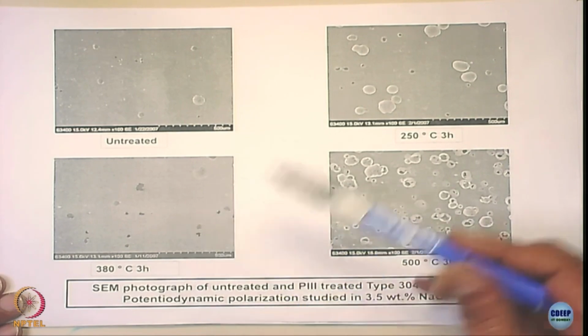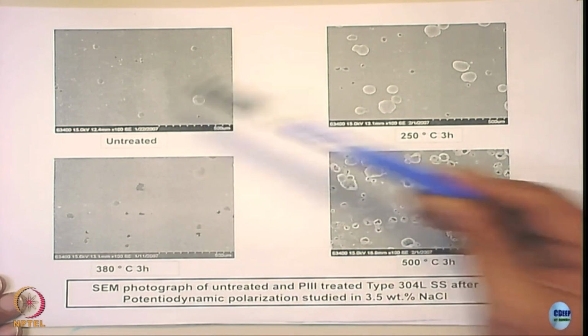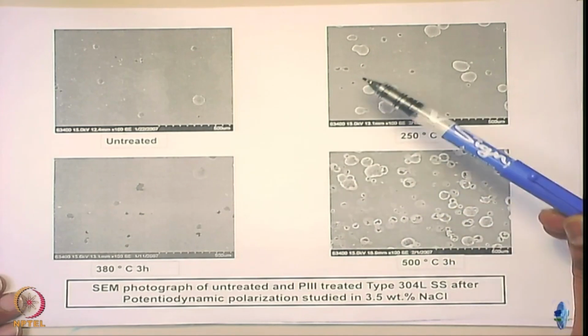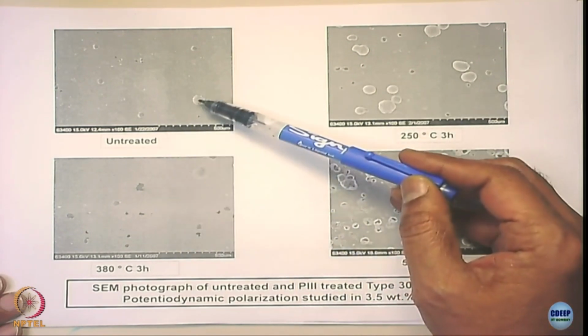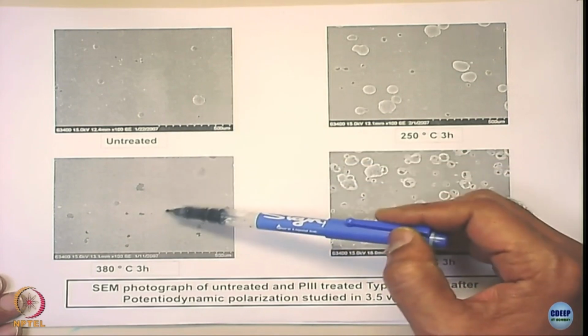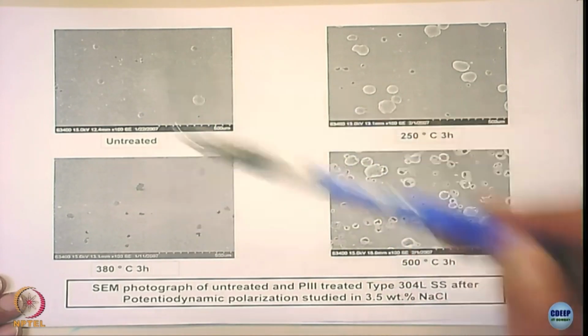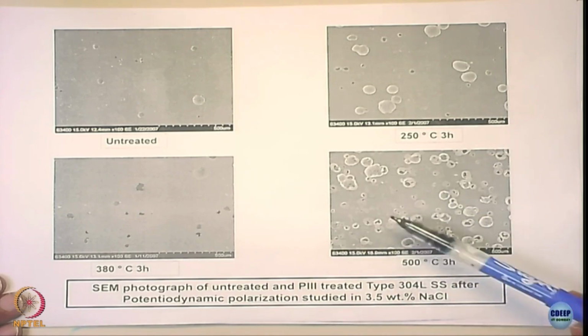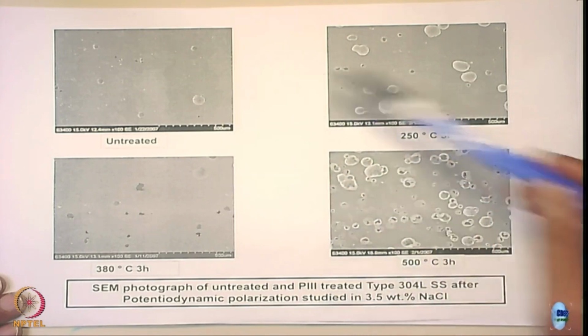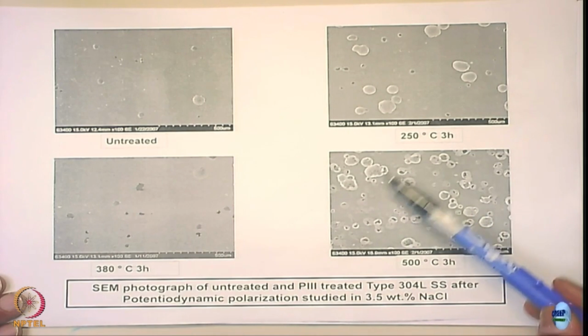You can see here that it's untreated, right, and treated with nitrogen, and you can see that the number and depth of pits here is reduced as compared to over here. So in this case the nitrogen addition has improved, but of course the treatment was done at different temperatures. At a higher temperature you can see that the pits become more.